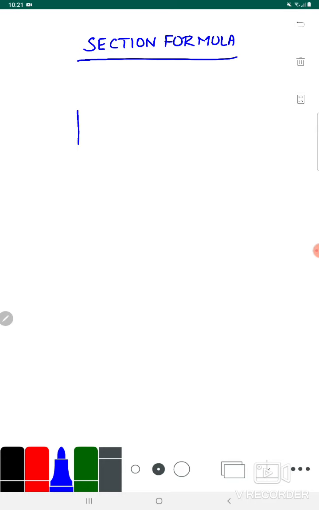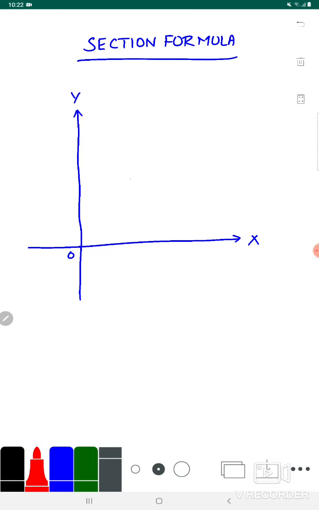Observe. Now, let us say this is my y axis and this is my beloved x axis, this is origin. Now, again let us say there is a point A, just like we did in the previous case, A (x1, y1) and B (x2, y2).